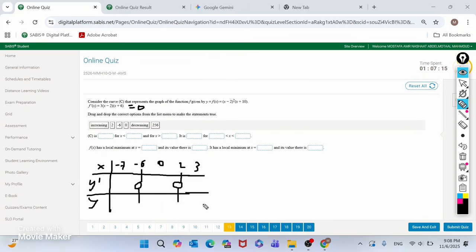So at negative 7 it's positive 27, so it's increasing. Here at 0 it's negative, so it's decreasing. And at 3 it's positive, so it's increasing.